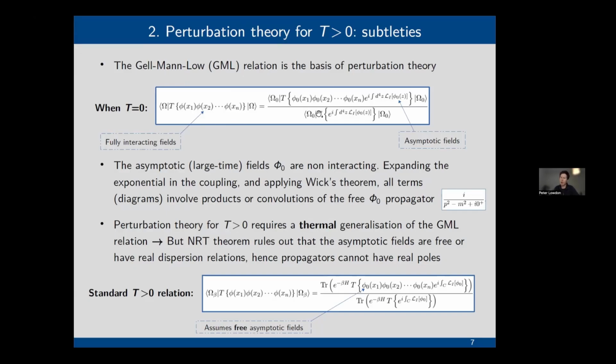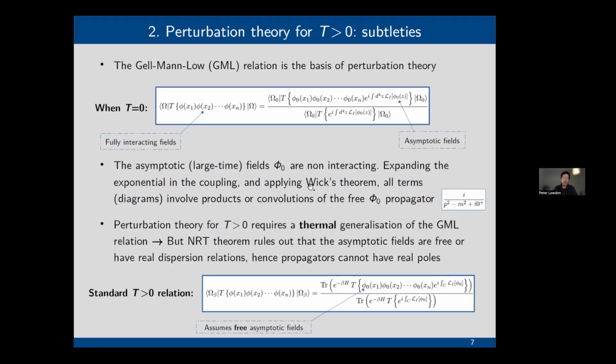I think this was derived sometime in the early 50s, is that basically your fully interacting correlation functions can be written in terms of the correlation functions of your scattering fields. That's what these phi zeros are. And what you can show is that in a vacuum theory, the scattering fields or the scattering states are actually on shell, and they're free.